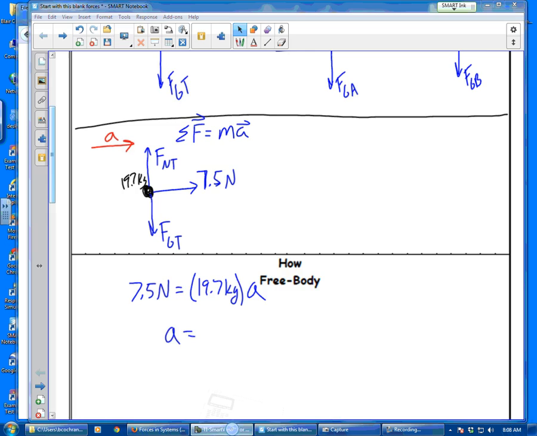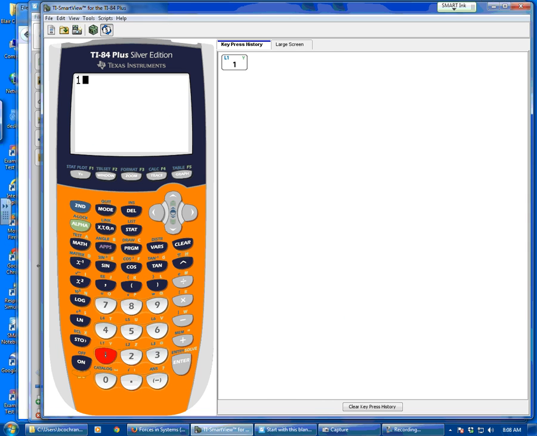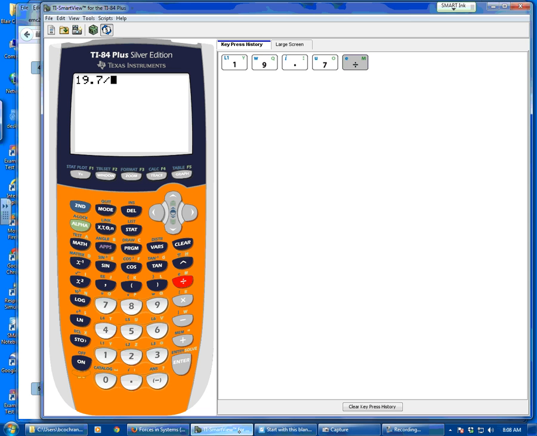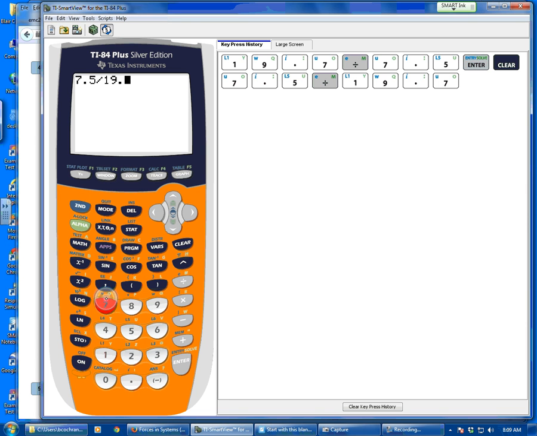So, calculator time. 19.7 divided by 7.5. Nope. Messed that up. 7.5 divided by 19.7.